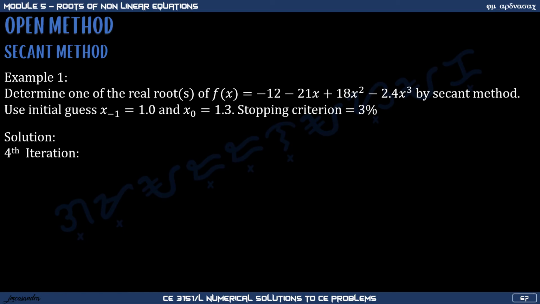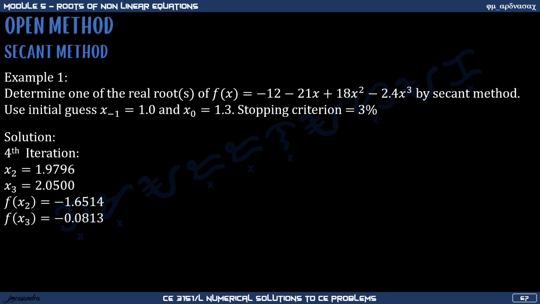So for the fourth iteration, x sub 2 now is 1.9796 and x sub 3 is 2.0500. You were able to compute already a while ago the function of x sub 2. Compute for the function of x sub 3, and it will give us negative 0.0813. Substitute this in our equation for the approximate x.